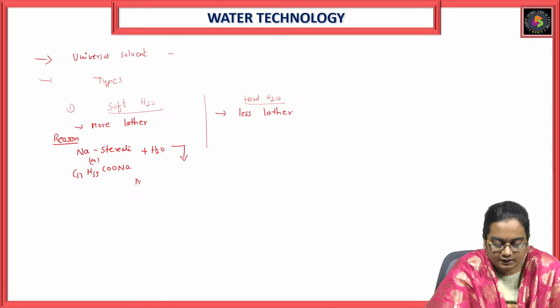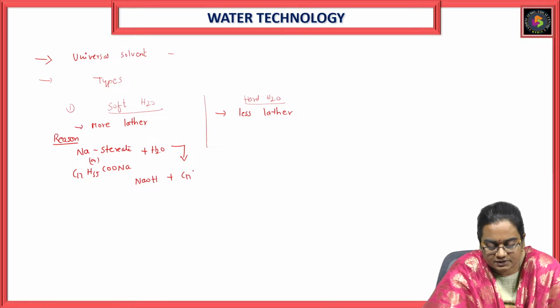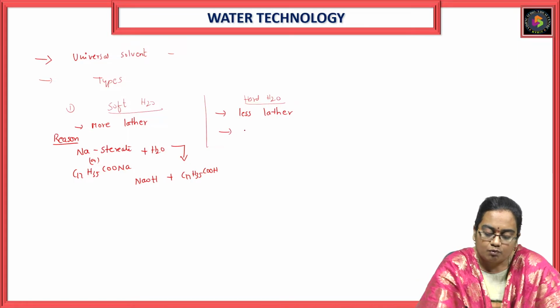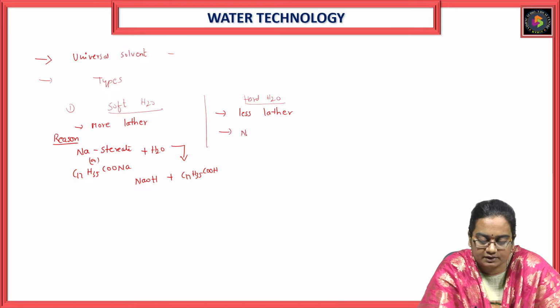You get sodium hydroxide plus stearic acid, C17H35COOH. But in the case of hard water, the sodium stearate reacts with the calcium and magnesium ions present in the water.